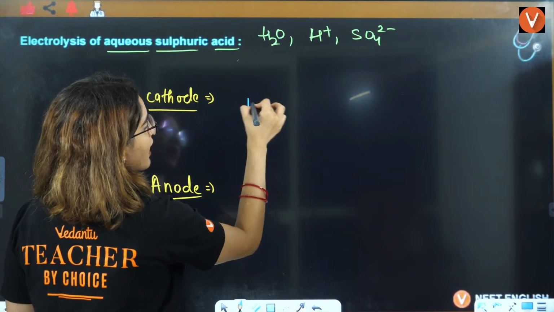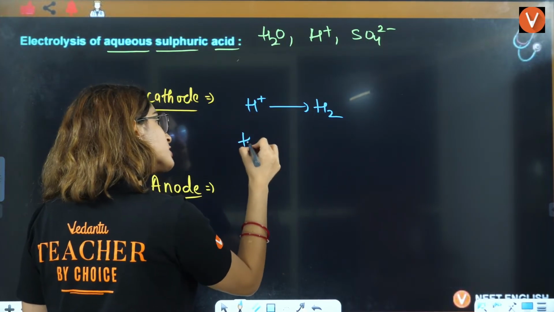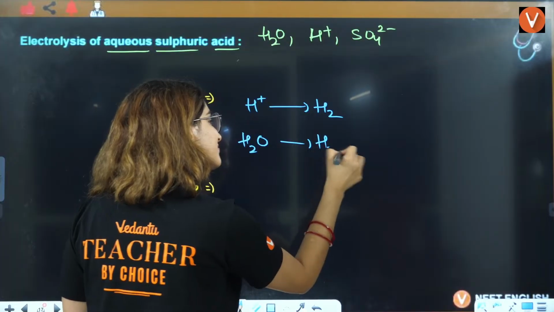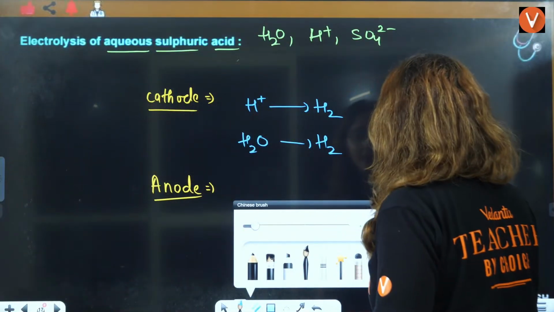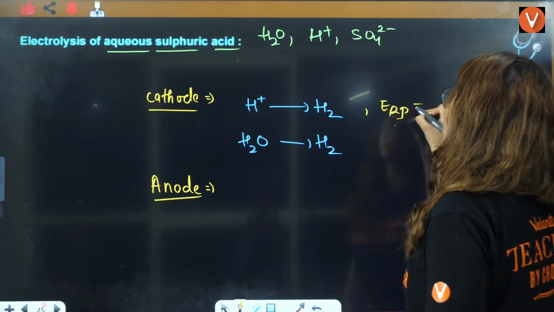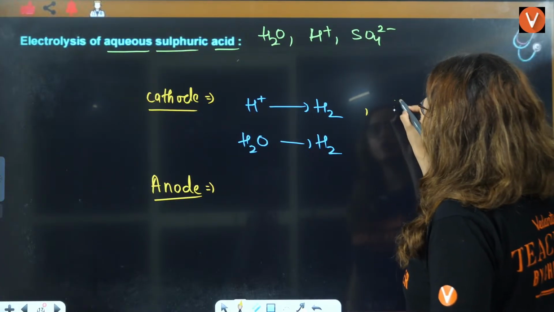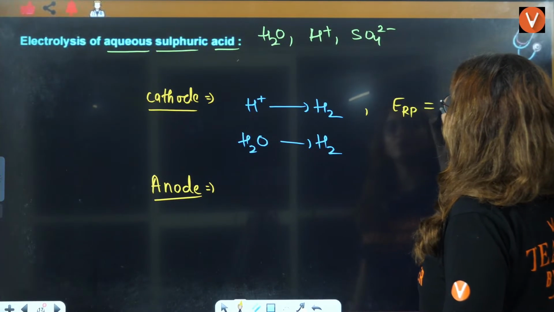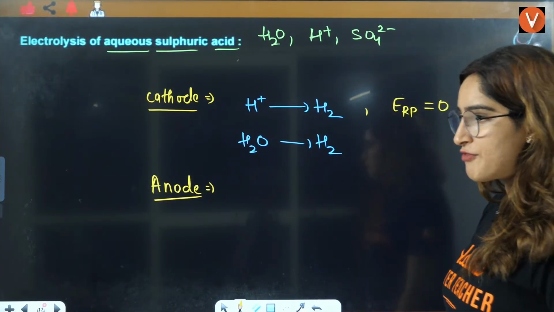You have cations, H positive to H2. At cathode, water is also getting converted to H2. It doesn't matter from where it is coming, it is always going to be H2 only. Still, the reduction potential of H positive to H2 is always 0. That is the standard hydrogen electrode. Okay, very good.